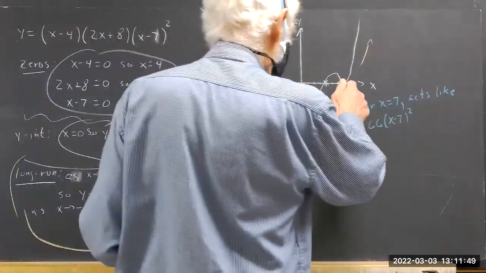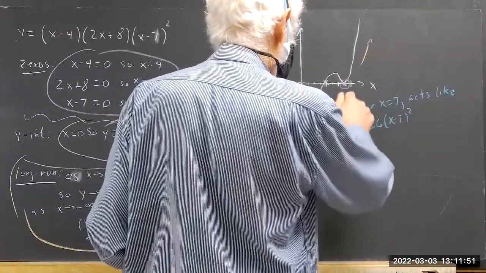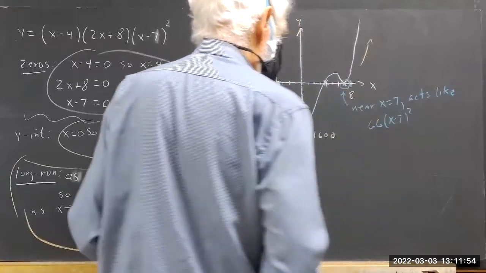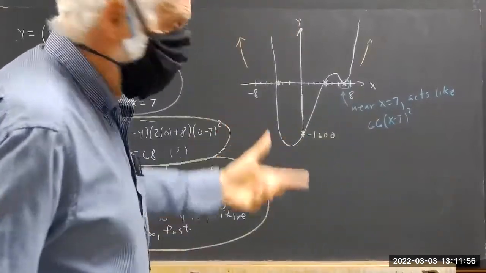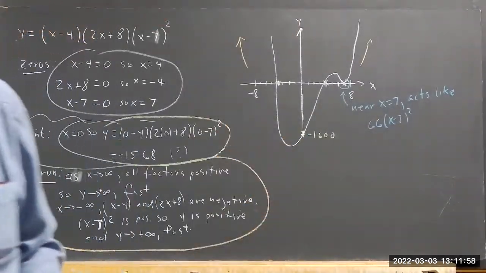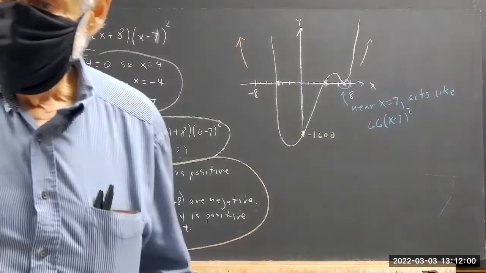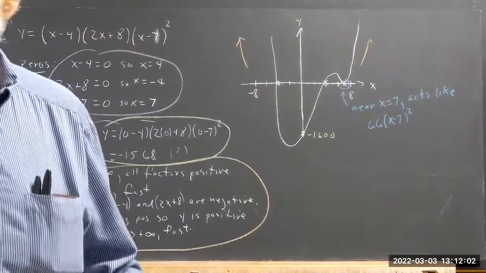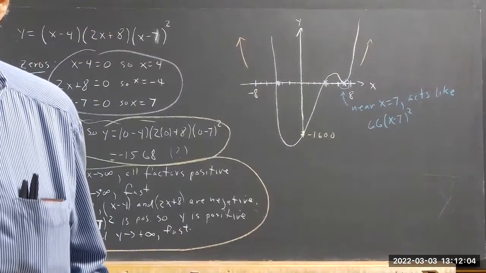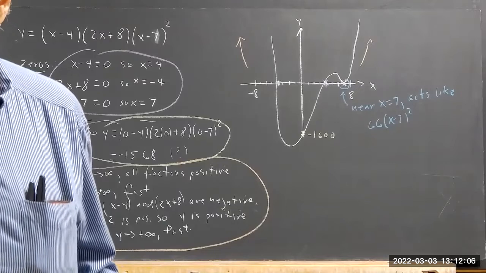So in this whole vicinity of x equals 7, it acts like this. Now, I might even ask for that on the test. Could be an extra credit question, okay? Give you a few extra points if you know that.